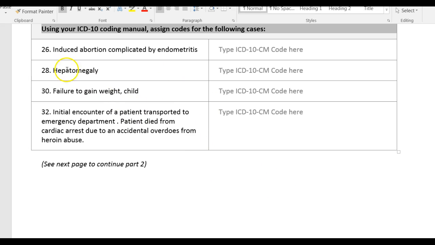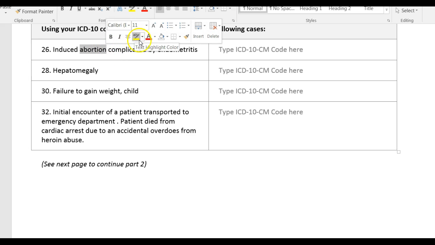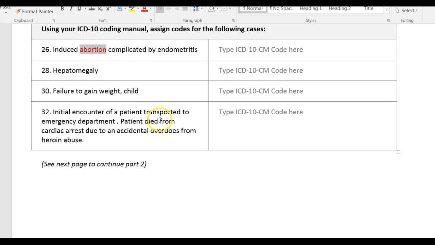Okay, so here we are, beginning with number 26. We have induced abortion complicated by endometritis. Okay, that looks like a long one, but we pretty much have one code. The word that we began with is abortion because the patient lost the baby.